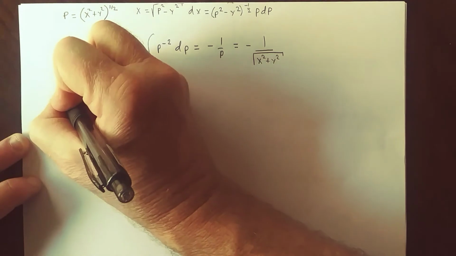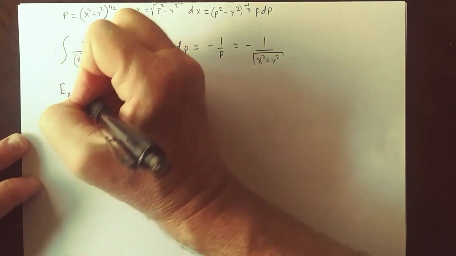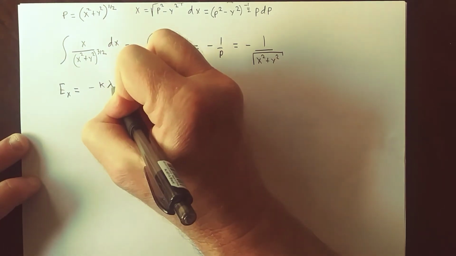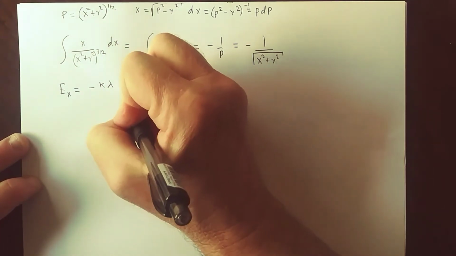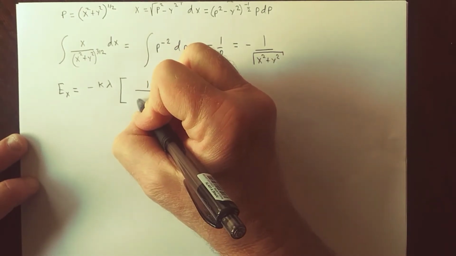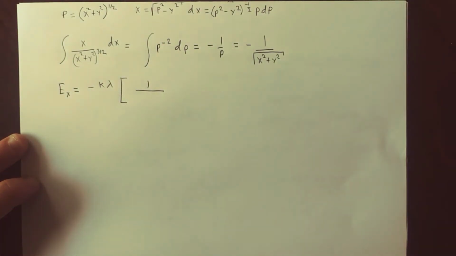And so the x component of the electric field ends up being minus k times the charge density times 1 over, well, we have to evaluate it from x1 to x2.